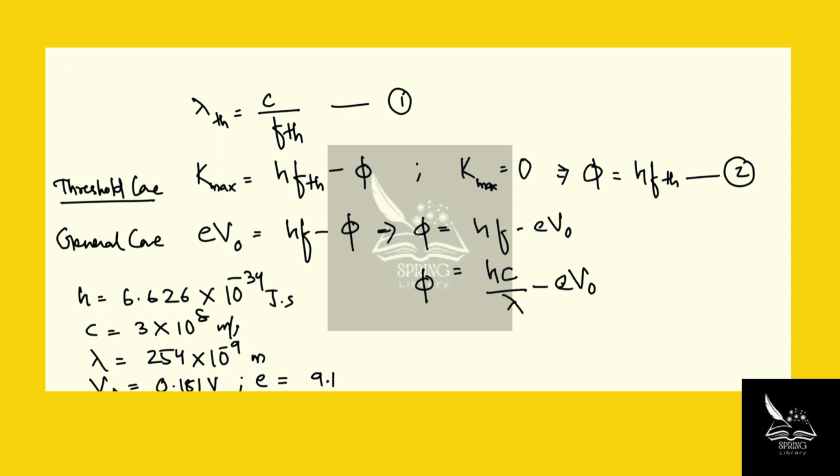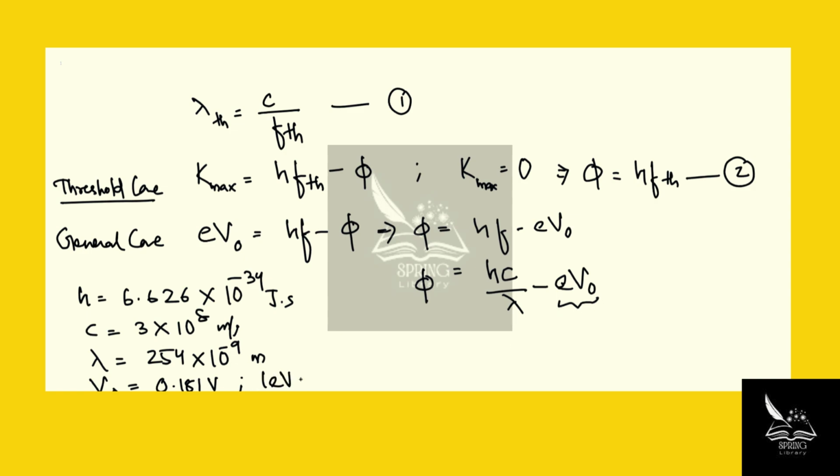We don't need the charge of the electron, because after multiplying with the charge of the electron we will have it in units of volts, but we can just keep e as it is, and then we will have this eV naught expressed in terms of electron volts.